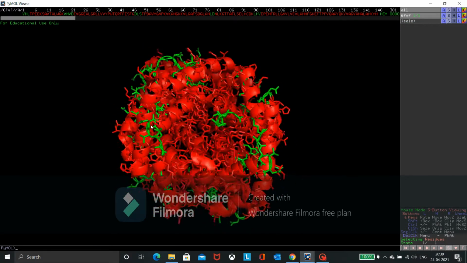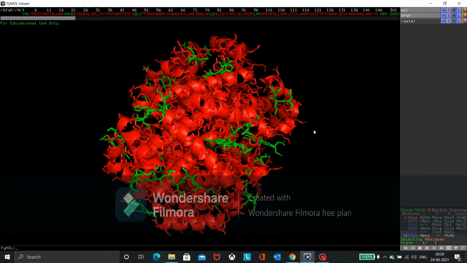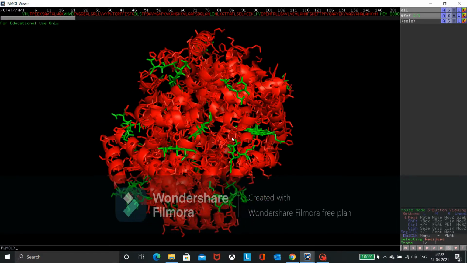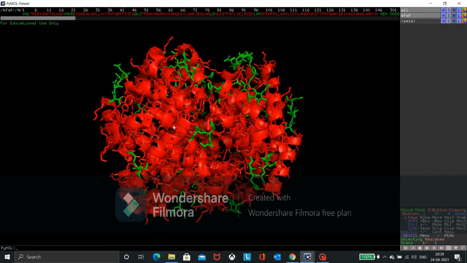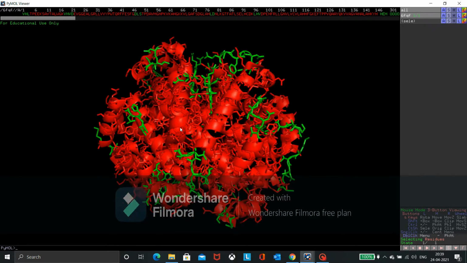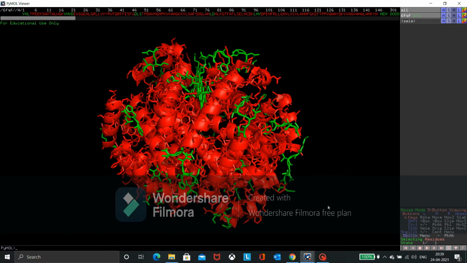That means there are no sheets present in the hemoglobin, and in that case we only get to see helix and loop structures. So, as you can see, there are no sheets.